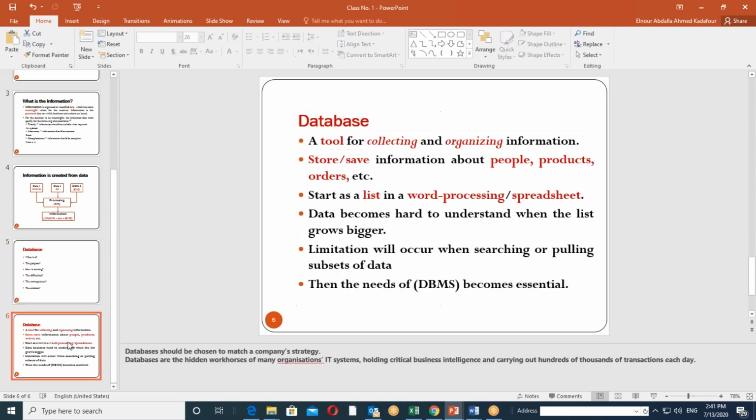So when that can occur, these difficulties, when this list becomes bigger and bigger. If I have more columns, more rows day by day, think about, for example, a normal table in Word for Lulu Hypermarket.